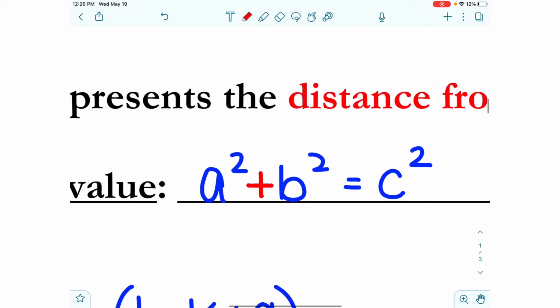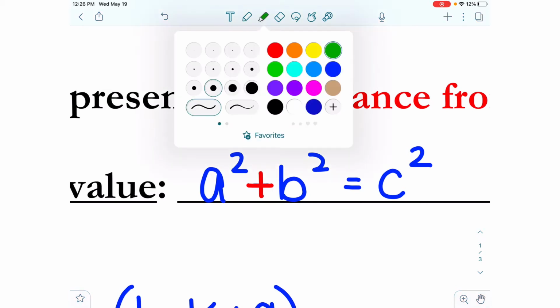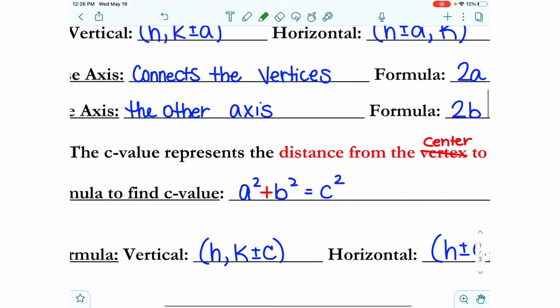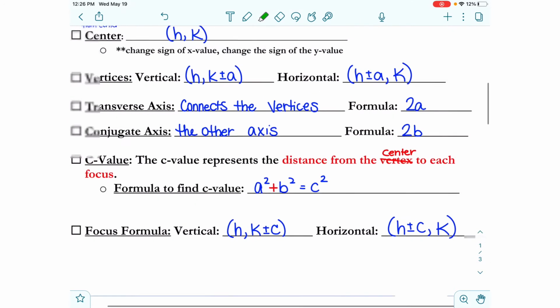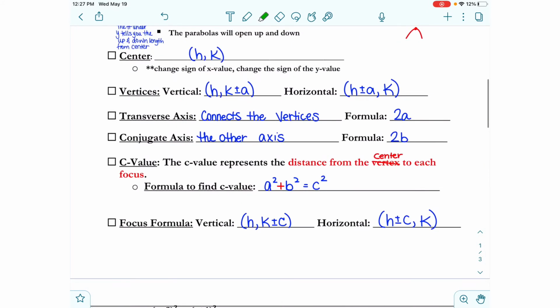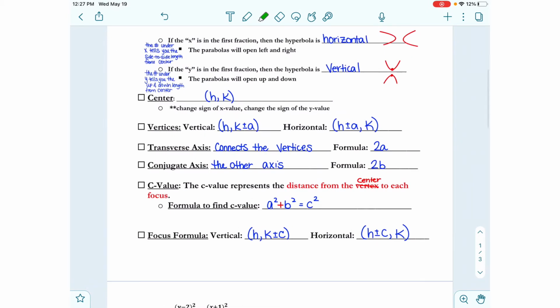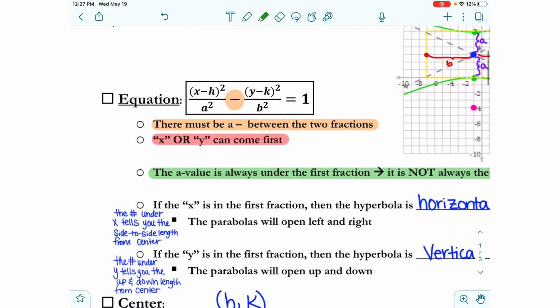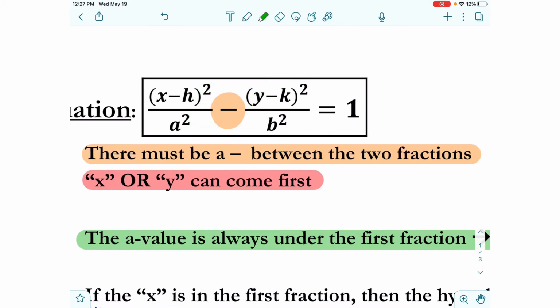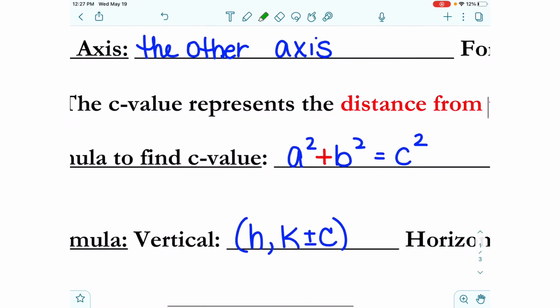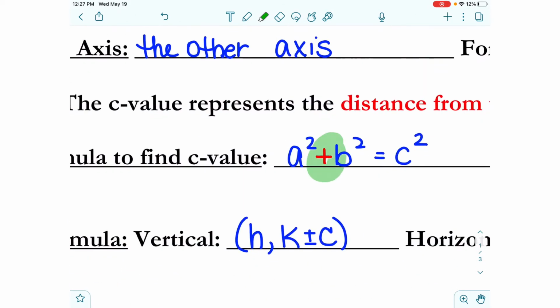I'm going to leave it another color because it's that important. a squared plus b squared equals c squared is the formula to find the c value of a hyperbola. That is different from an ellipse, because with the ellipse, it is a squared minus b squared. The way I remember it is since the original equation has a minus, the c formula has the opposite sign, a plus.